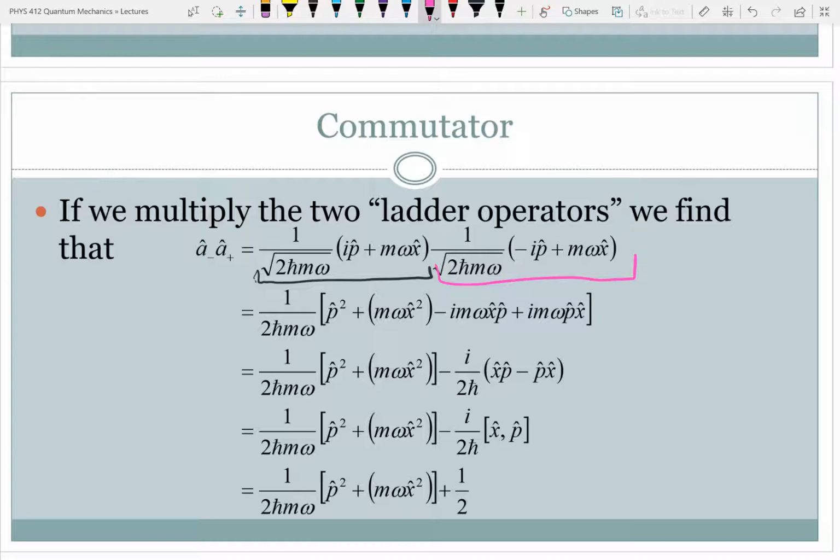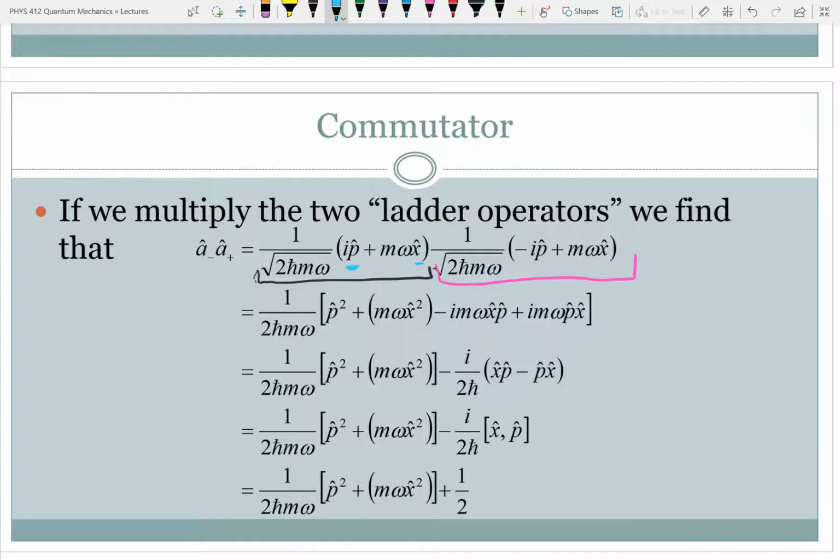But then the order matters. Momentum and position do not commute, so I can't just exchange their positions. I can't do this the way you normally would. You always have the operator that is first in the first binomial stay first when you're multiplying the two binomials.